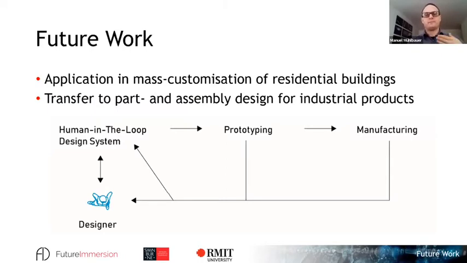And another step that we consider is transferring this interactive design system to part and assembly design for industrial products, because it is a similar problem, but with different considerations in terms of the restrictions of how shapes can come together and be assembled in a functional process to a machine.